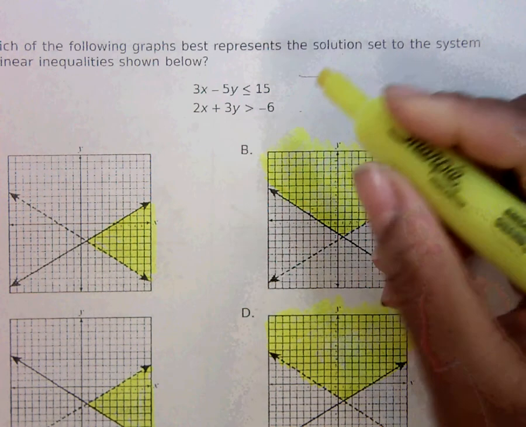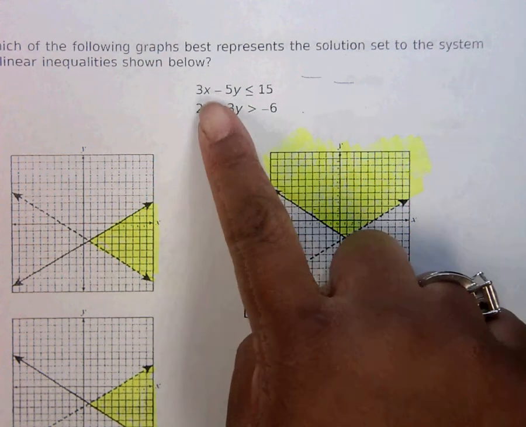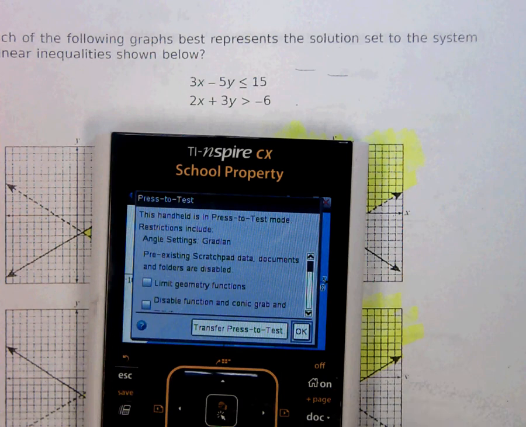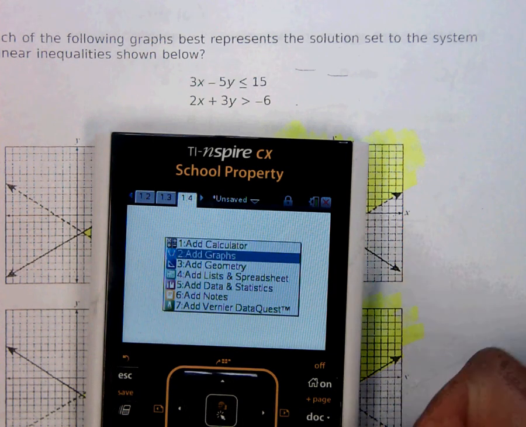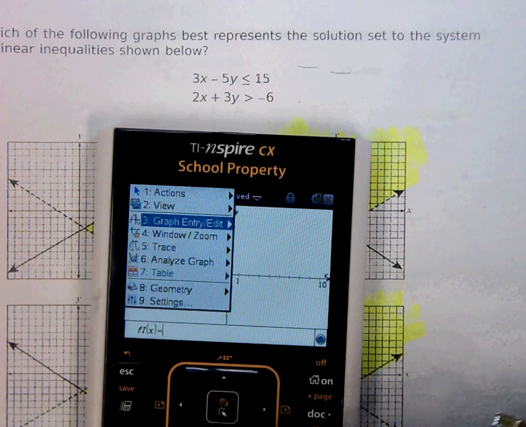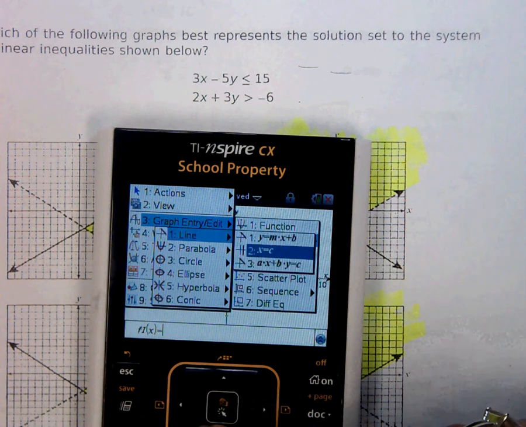Okay. So now we know where the solution sets are. So how are we going to do this problem? For those that want to type it in the calculator, yeah, we could go here. Control Doc, escape, Control Doc, graph. Yeah, we could do the whole menu, go to 3, go to 2, go to 1, and then go here.